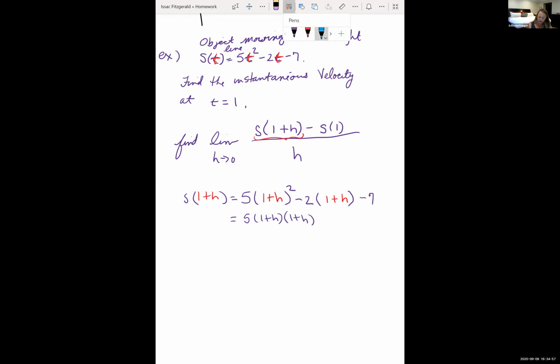So let's distribute. There's no sign between that -2 and this parentheses, so we have to distribute this negative, carry the sign. So we have -2 times 1, that gives me -2. And we have -2 times h, this is -2h. And then we also need to bring down that -7.